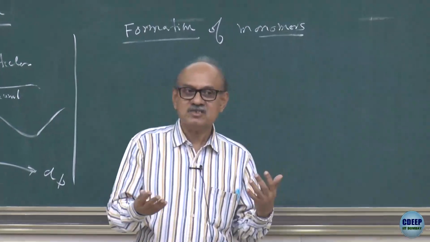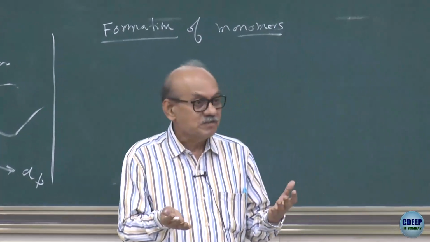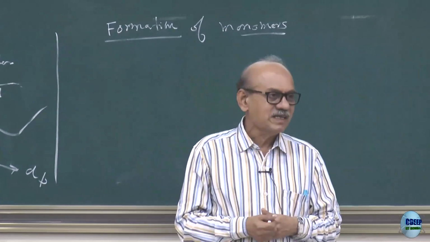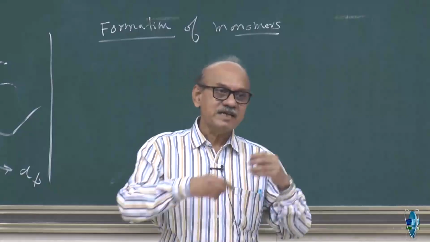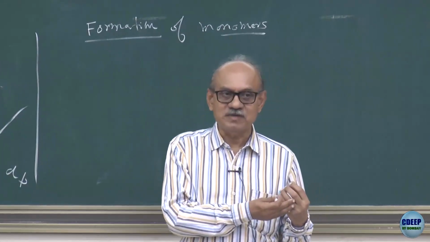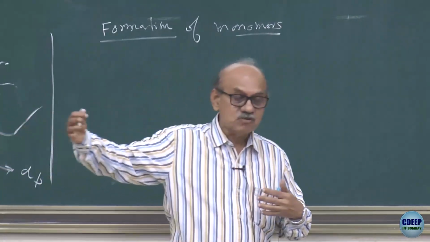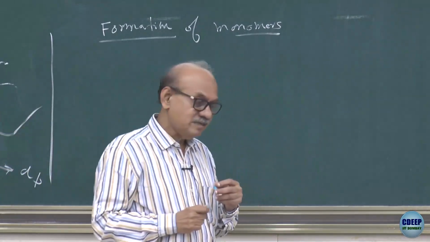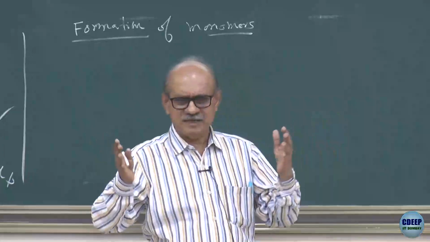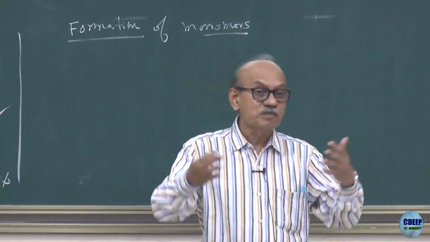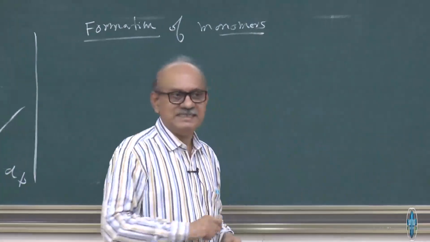Thus, a carbon dioxide molecule is not a monomer because it does not accrete on its own, it does not grow on its own. On the other hand, if I have an H2SO4 molecule as a monomer, then it has a tendency to evolve further. So, a monomer is that primary unit formed through a series of chemical reactions, but which now constitutes a further growable unit. That is the first criterion.